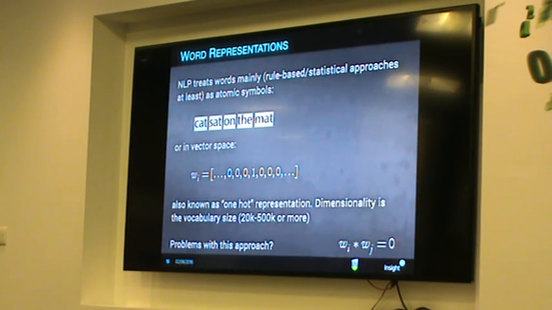The problem with this approach is that if you try to combine these word vectors for different words, it's very hard to measure any kind of similarity between them, because you've just got one index on in one word, and a different one in the rest of them. Something like cat and dog are quite similar. They're conceptually very similar. They're both animals, mammals, and so on. But you don't get any of that similarity from the one-hot word vector.